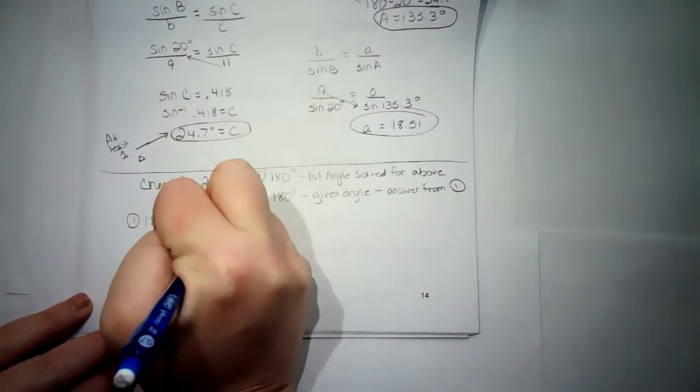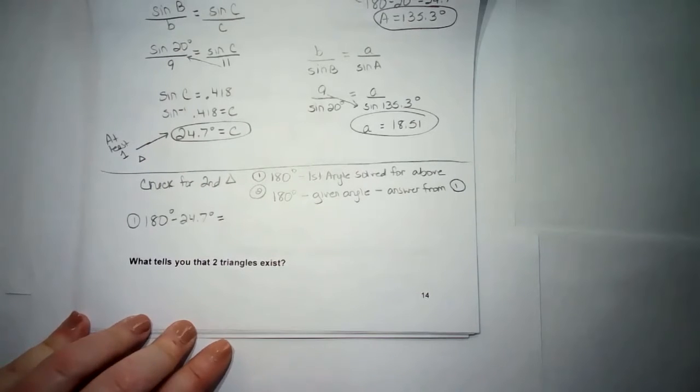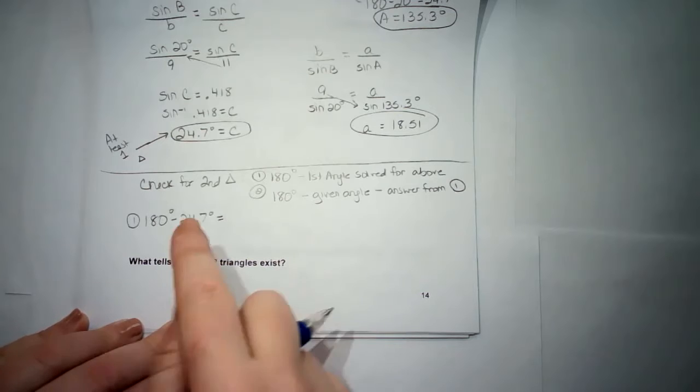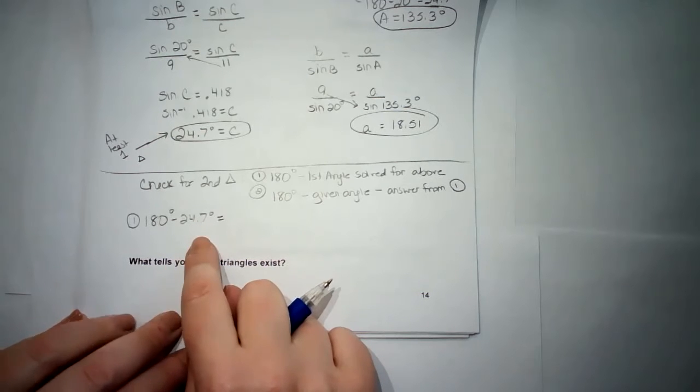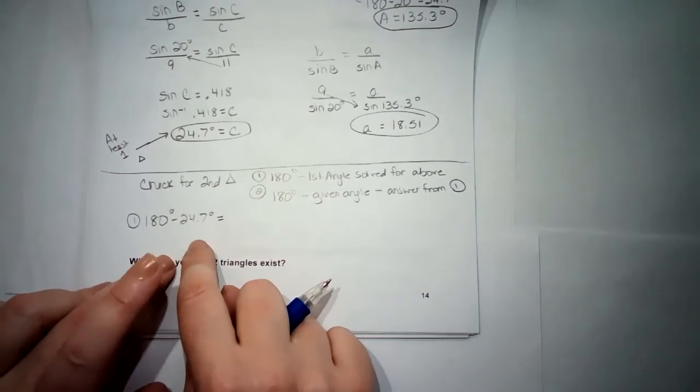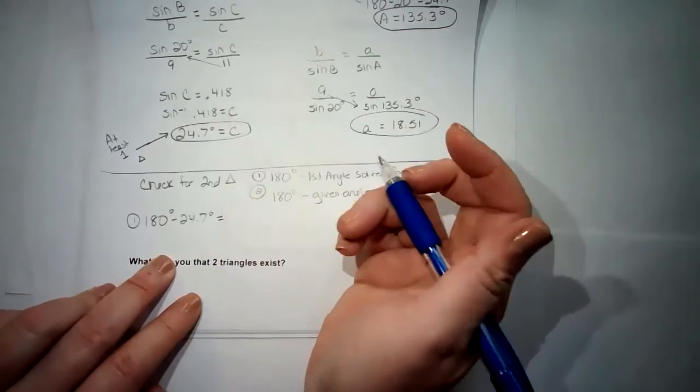The reason I'm doing that is to see if there's still room in there for a second triangle. Remember, all triangles add up to be 180, all right? And you can't have an angle for a triangle bigger than 180, right? A triangle angle, even if it's obtuse, can't be bigger than 180. So you're checking here to see, is there room? Could we get a positive angle from the 180 here using this?